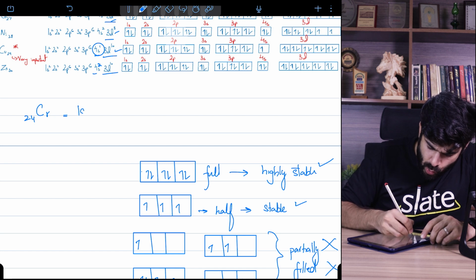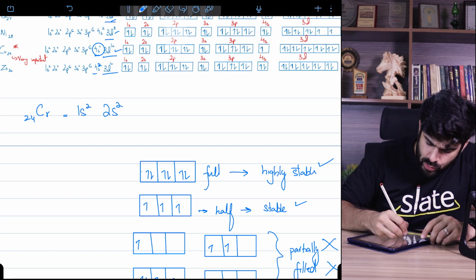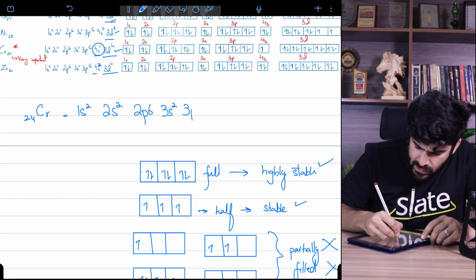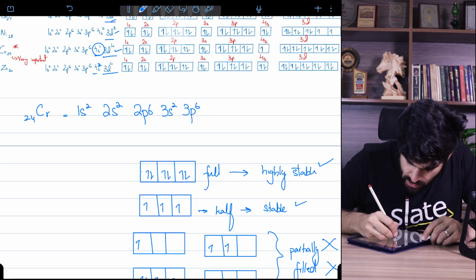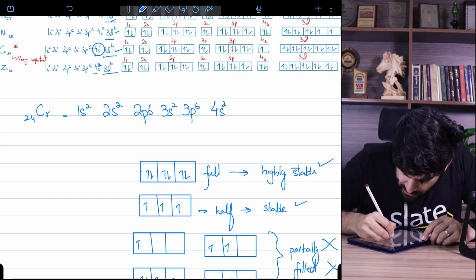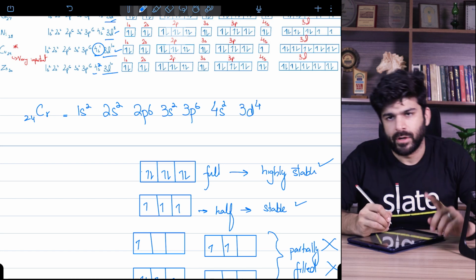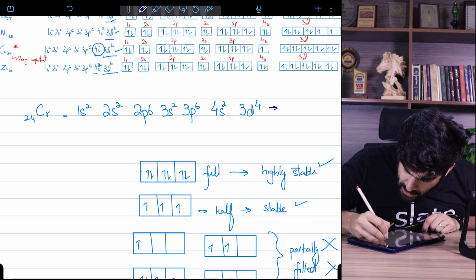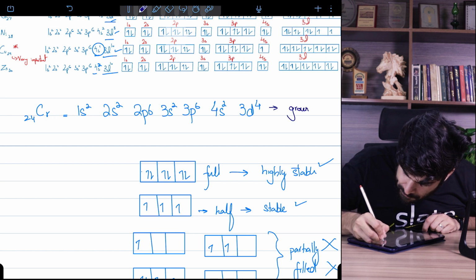Cr24: 1s2, 2s2, 2p6, 3s2, 3p6, then 4s2 and 3d4. इसको हम कहते हैं, this is called ground state.